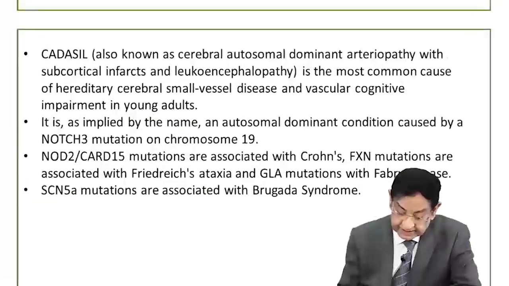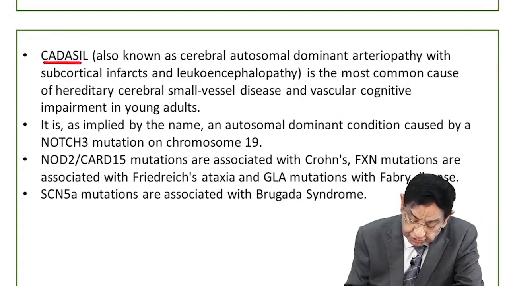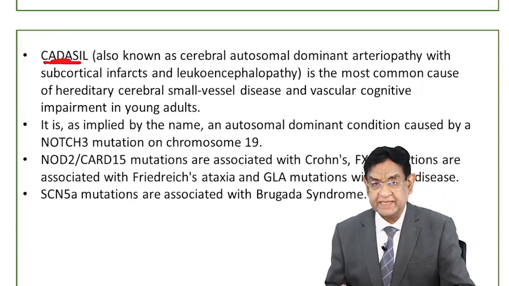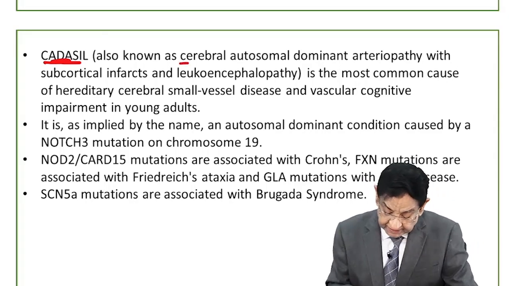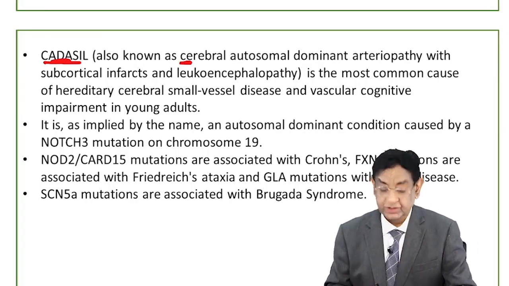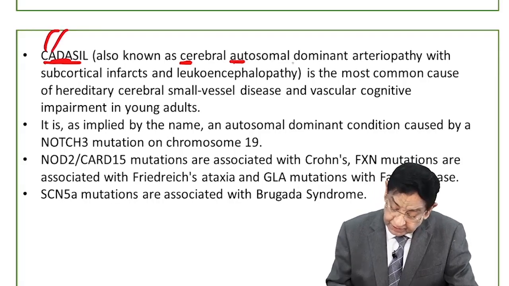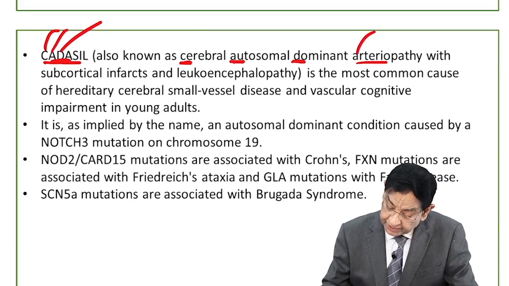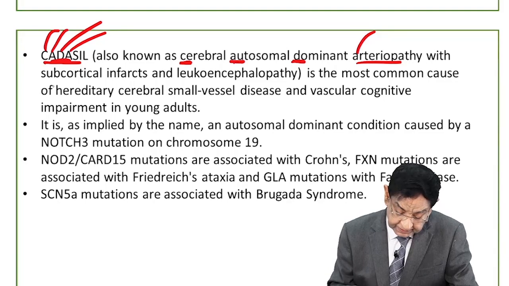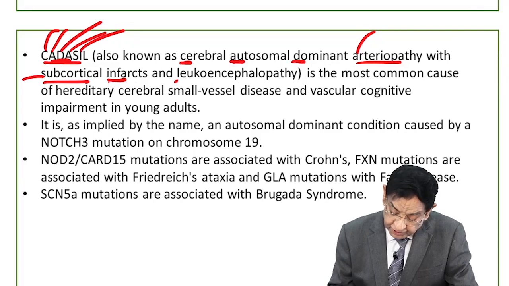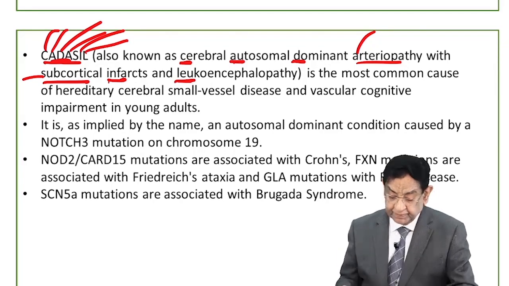First of all, CADASIL is a short term. Note down what it stands for: Cerebral, Autosomal, Dominant, Arteriopathy, Subcortical, Infarction, and Leukoencephalopathy.